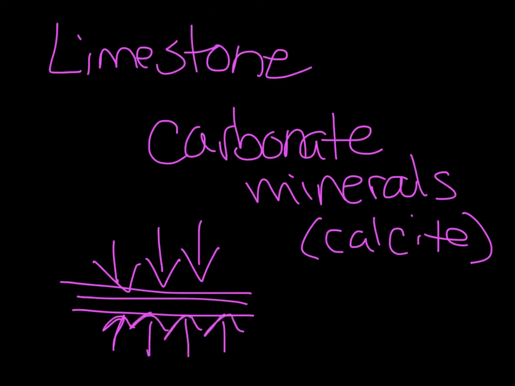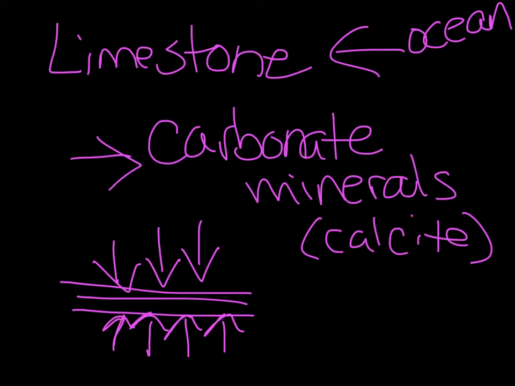Typically limestone is found under the ocean because it's these creatures, these animals made of carbonates, that cause it to occur. Sedimentary rocks can also be formed when dissolved minerals reform from water. Some substances dissolve in water, and then they reform when that water evaporates.